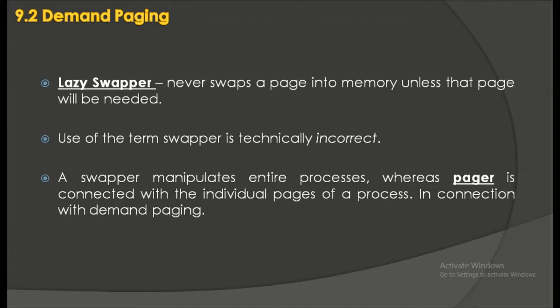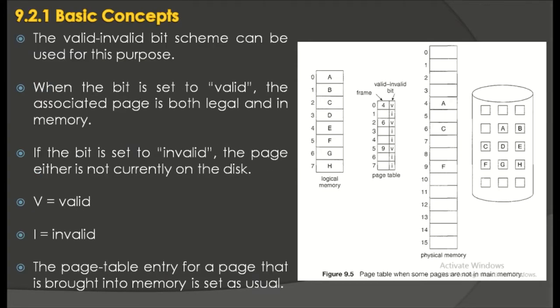The page table entry for a page that is brought into memory is set as usual, but the page table entry for a page that is not currently in memory is either simply marked invalid or contains the address of the page on disk.